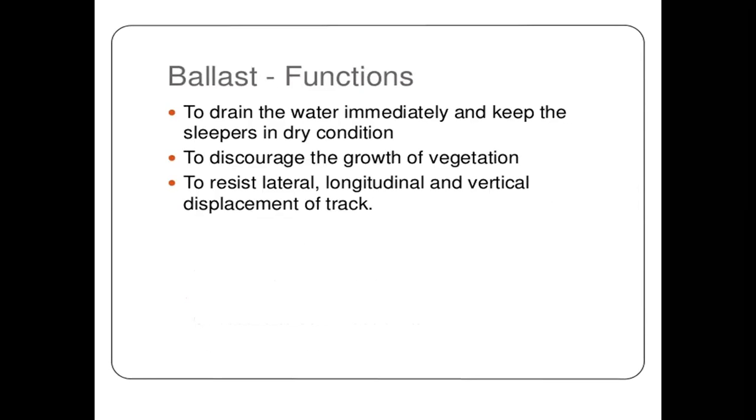They also drain the water immediately and keep the sleepers in dry condition, and discourage the growth of vegetation. So the sleepers are embedded in the ballast, and there cannot be natural growth of vegetation on the formation of the railway bed. Also, in rainy seasons, these ballasts keep the sleepers dry, and they resist lateral, longitudinal, and vertical displacement of the track.